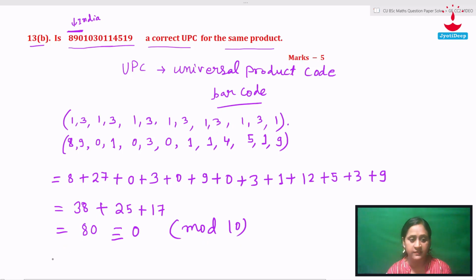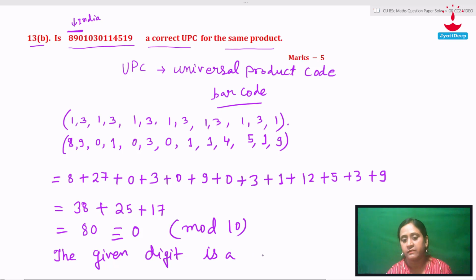So we can say the given digit is a correct UPC for the same product.